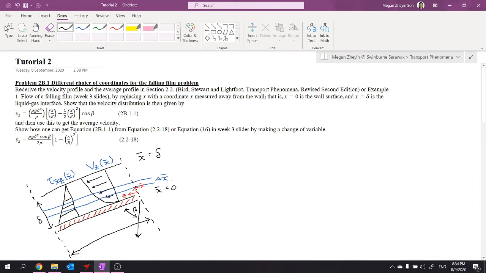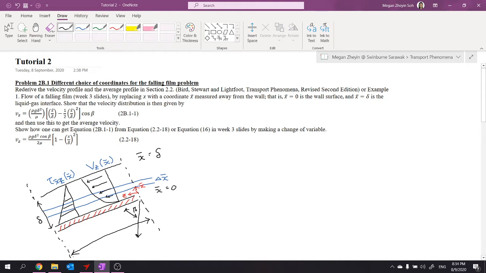Because we have a falling film, a liquid, there are two profiles. One is the shear stress profile, tau, and the other is the velocity profile. The stress profile will look like this: at the wall surface you will have the largest stress, whereas at the gas liquid interface it will be the smallest. That means it is 0.